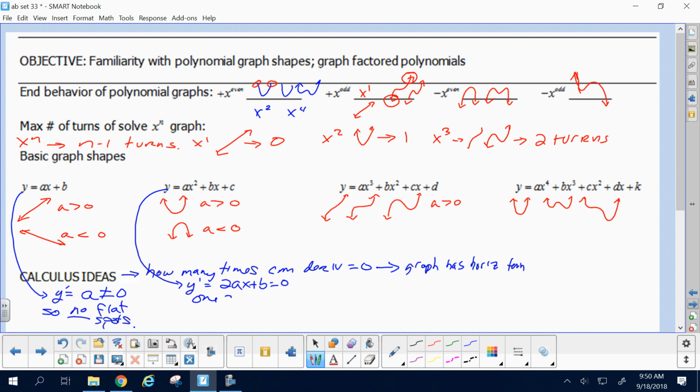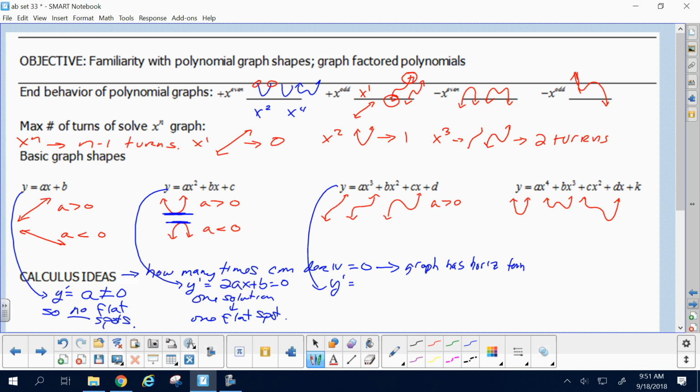A linear equation has one solution. That would imply that a parabola has one flat spot, which we know to be true. A parabola has exactly one place where the tangent line slope would be 0. Exactly one. Okay?